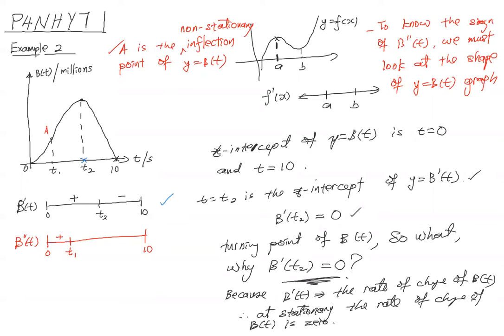Okay, why is it positive? Now, Hao Xuan, tell me. Because we must look at the shape. Yes, so what is the shape there? From 0 to T1, what is the shape of B(t)?